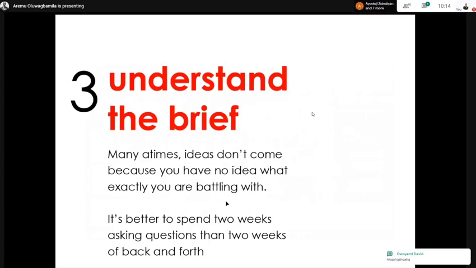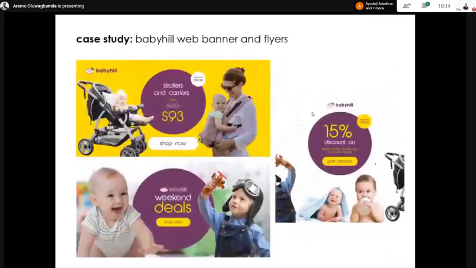And I'll share a case study here. So this is a web banner I worked on for Baby Inn. Baby Inn is an e-commerce that sells baby stuff. Now, these designs you are seeing actually took a day to design. But before I was able to design at all, I spent 2 weeks talking with the client. In fact, what the client wanted was just a flyer.